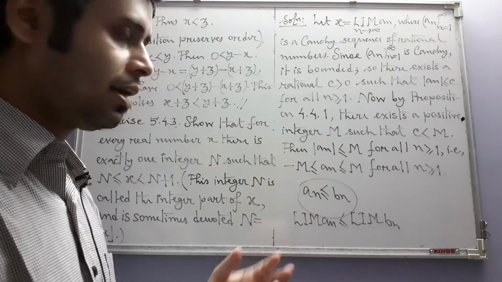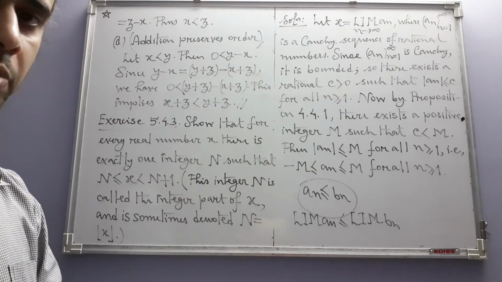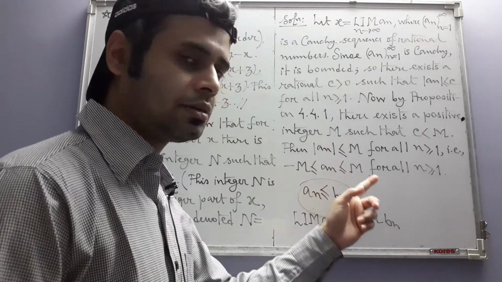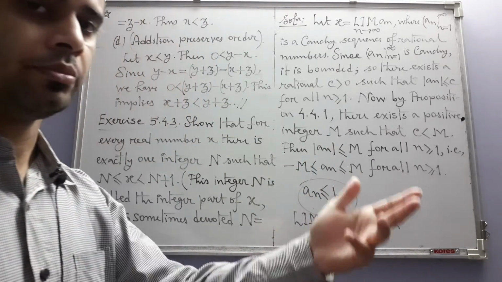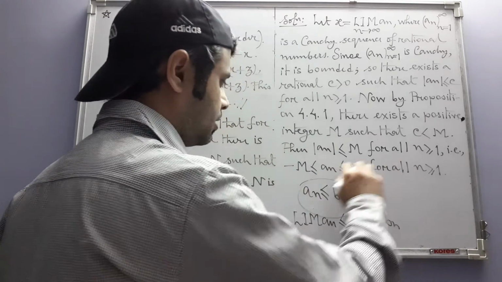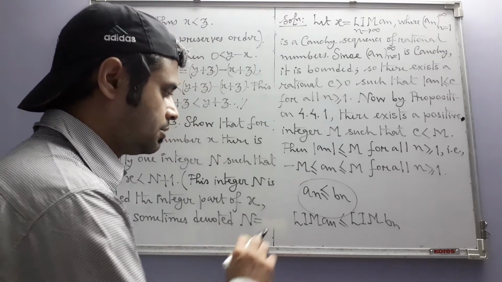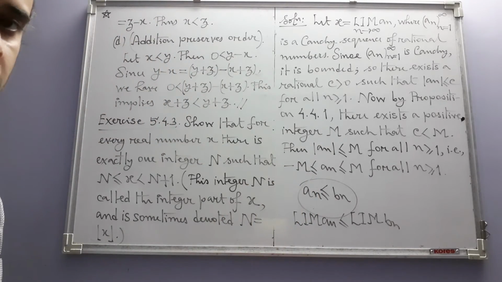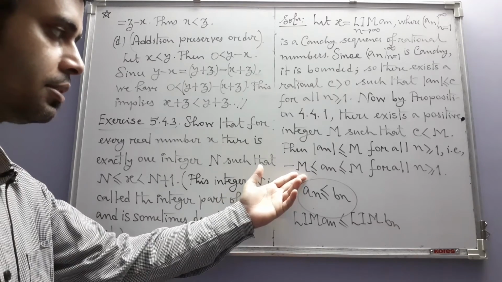On this side we have the constant sequence minus m, which is also Cauchy. On this side we have the constant sequence m, which is also Cauchy. So we can apply formal limit on both sides. On the left hand side the formal limit will be equal to minus m, because this is a constant sequence.